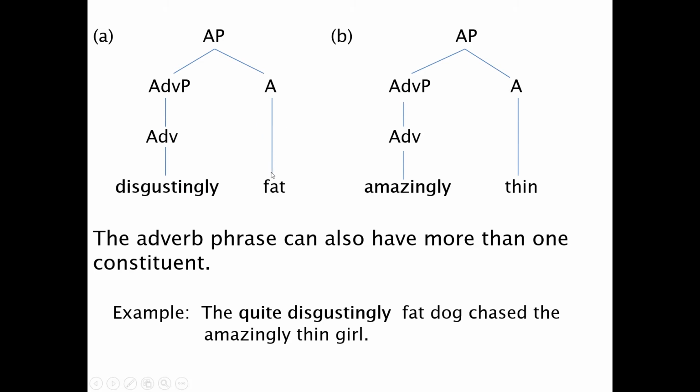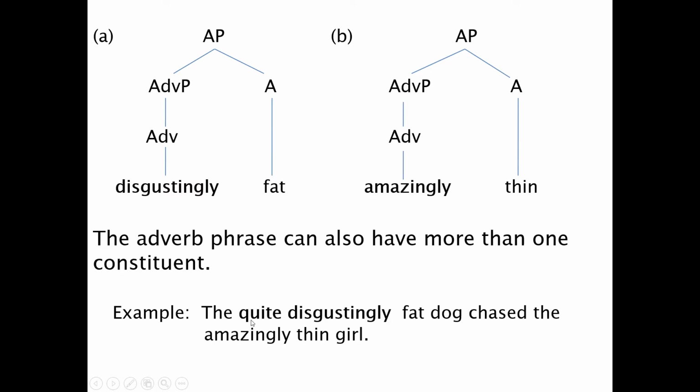Now we have the adjective phrase consisting of adverb phrase, that is adverb disgustingly. And then we have the adjective fat, okay, that is the adjective. And then we have another adjective phrase, we have the adverb phrase, adverb amazingly. If you say very amazingly, then you have another one which is degree, adverb of degree, and we have the adjective thin.